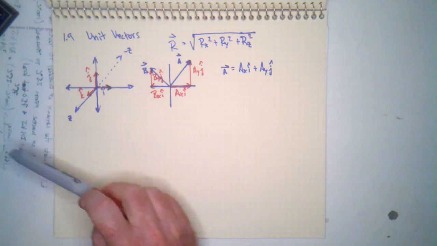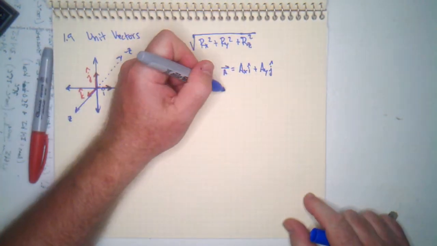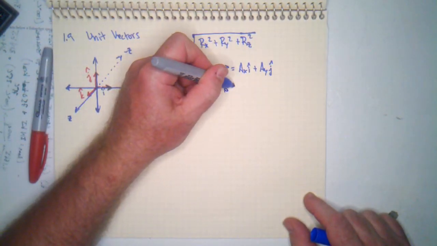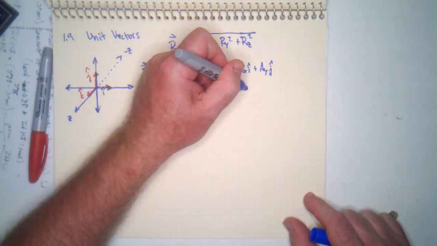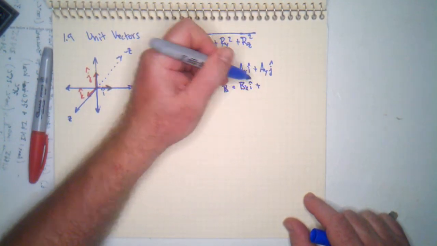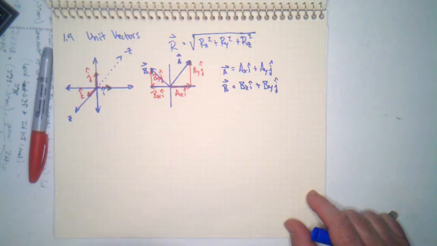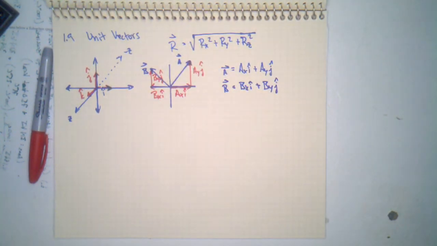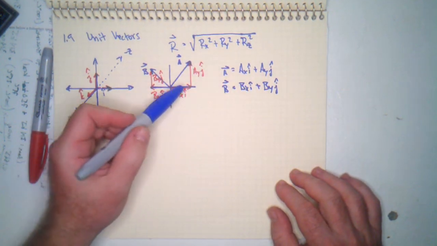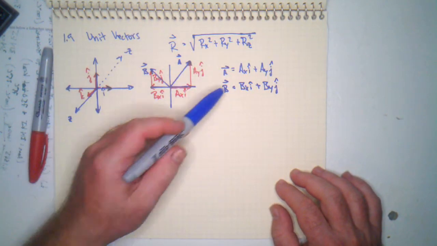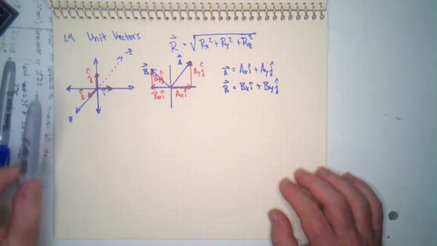So we can describe vector B as Bx i hat plus By j hat. So far, so good. We're just describing each vector in terms of its components and its unit vector.